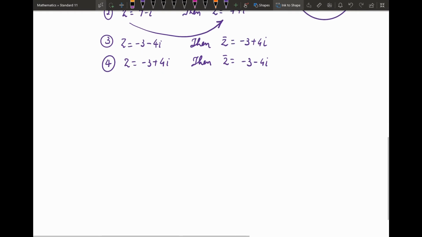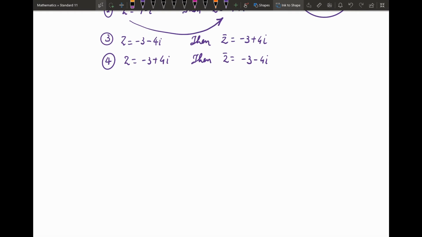Now we will discuss the modulus and argument form.